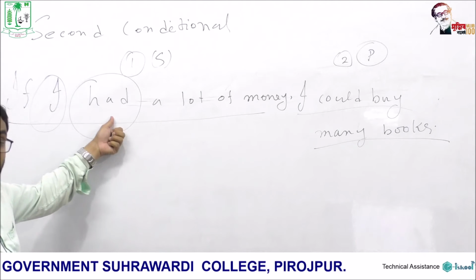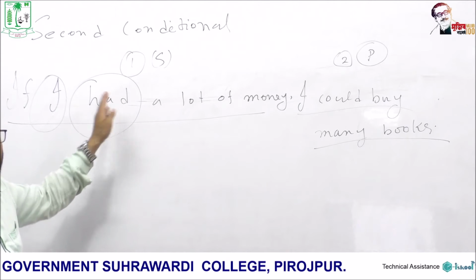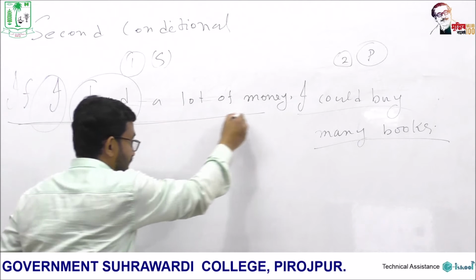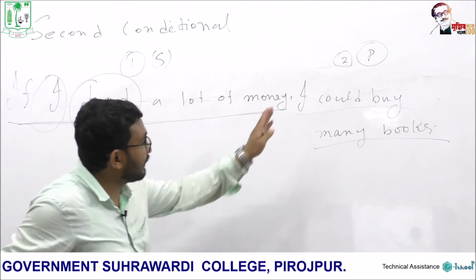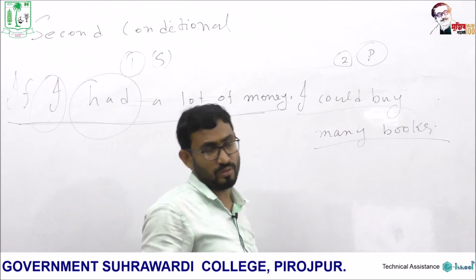So here had is the principal verb and it is the past form of the principal verb have. So here past indefinite tense has been used. If I had a lot of money, and look at the principal clause, I would buy many books.